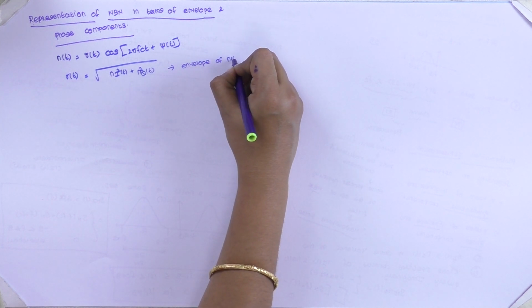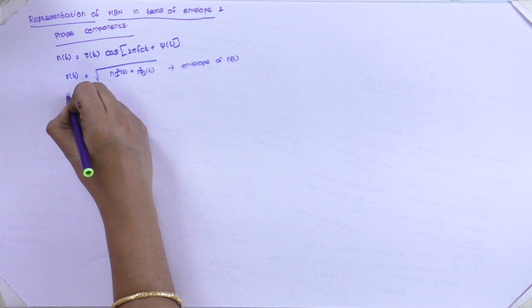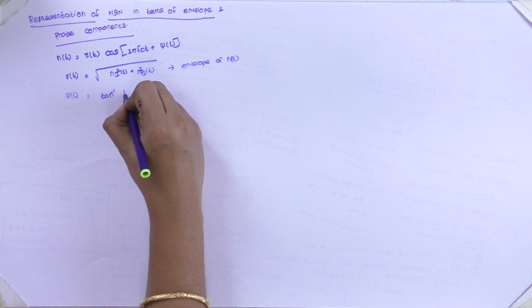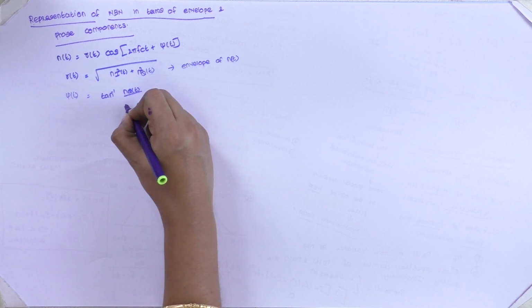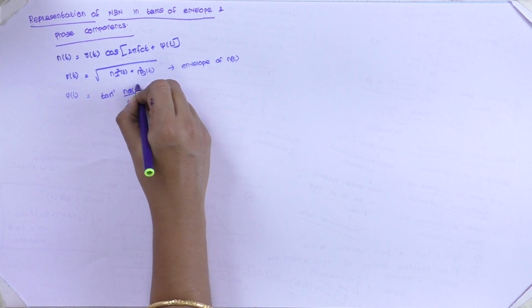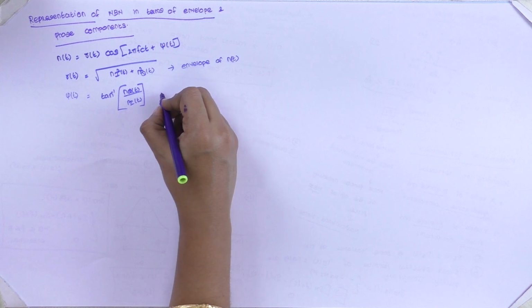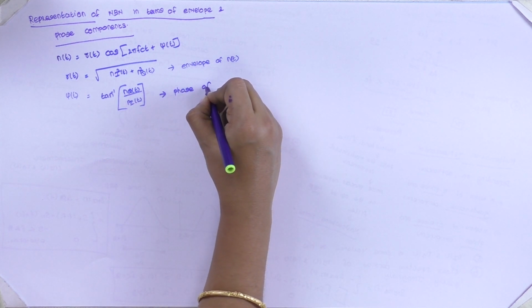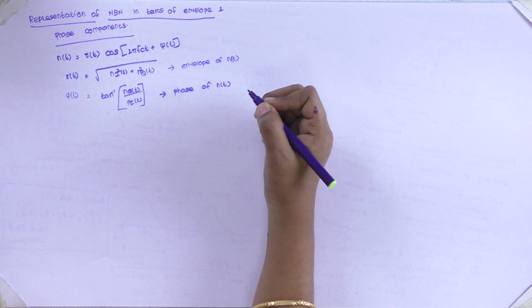of n(t), and ψ(t) is tan inverse of nq(t) divided by ni(t). This is the phase of n(t).